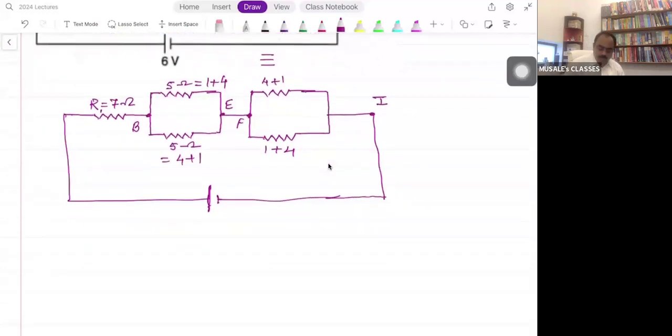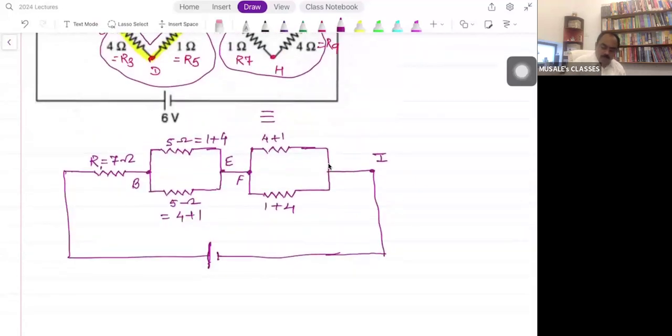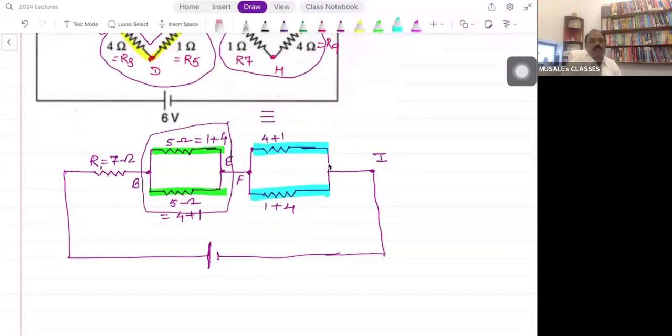So these two are in parallel. These two, this one and this one, now they are in parallel. Similarly, this and this, they are in parallel.